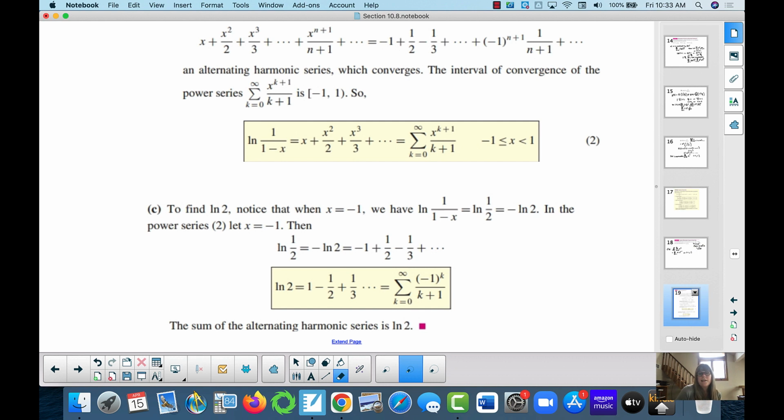So we can estimate the natural log of 2 if we find a partial sum of that series. And again, the farther out we go, the closer we are to estimating the natural log of 2. In fact, that's exactly what your calculators do when they figure out the natural log of 2: they are actually using partial sums of this series to calculate natural log of 2 to so many decimal places.